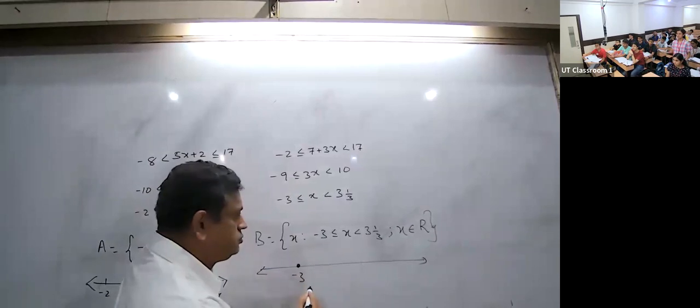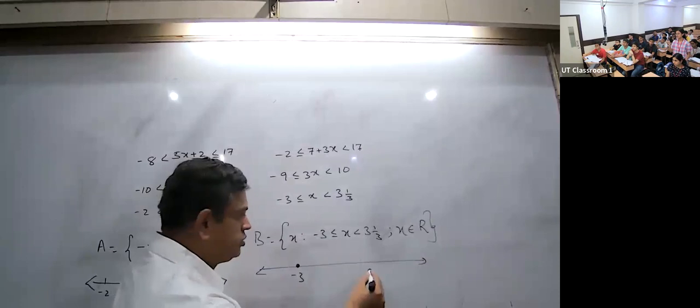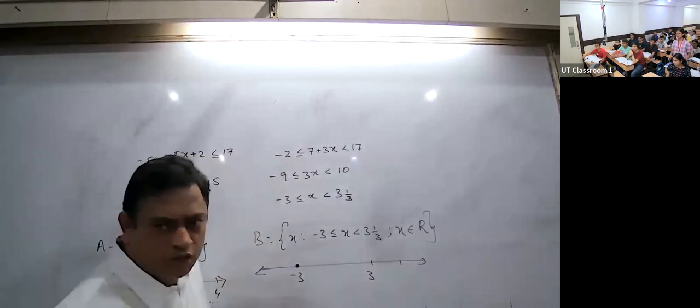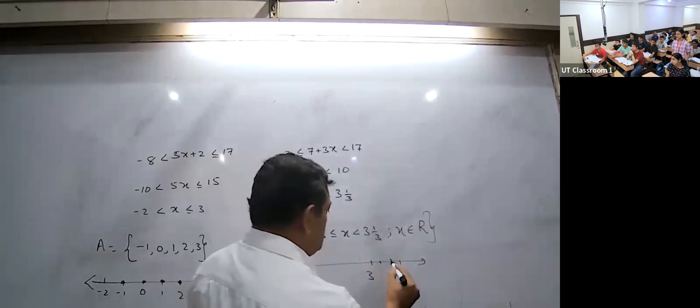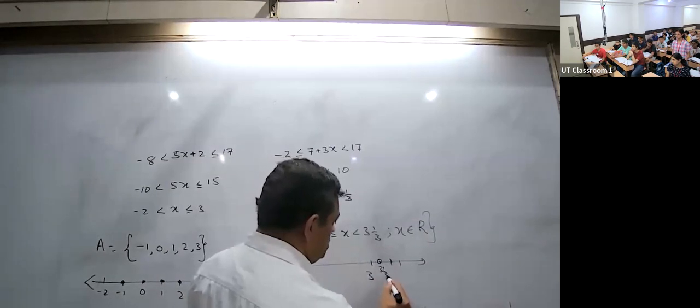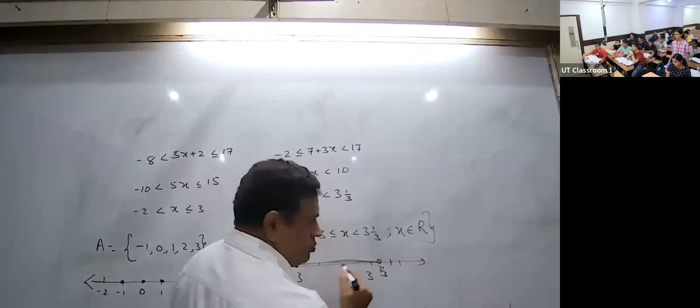Then we mark 3 and 4. Between 3 and 4 we need 3 equal divisions, no? Means 2 points this way. This is 3 1 by 3, a hollow circle. This is called 3 1 by 3. And that number line all of you, so minus 2, minus 1.